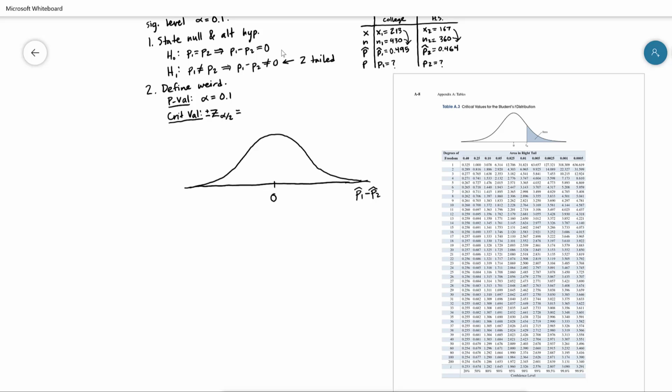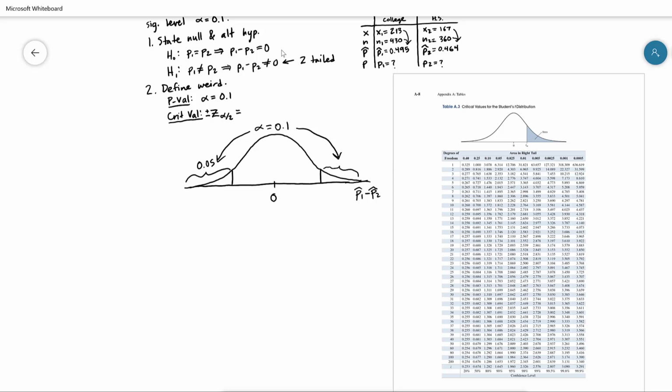For now, we've defined weird to be anything that happens less than 10% of the time. But because it's two-tailed, I'm taking my alpha, which is 0.1, and splitting it 50-50 between the two tails. So there's a cutoff on this side and a cutoff on this side, and both of those areas individually are 0.05.